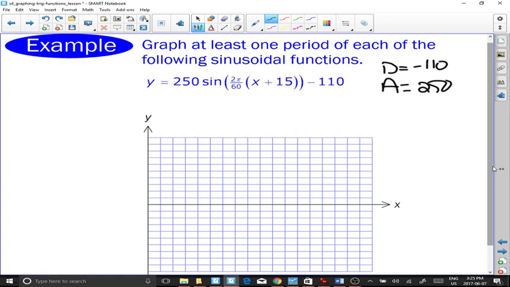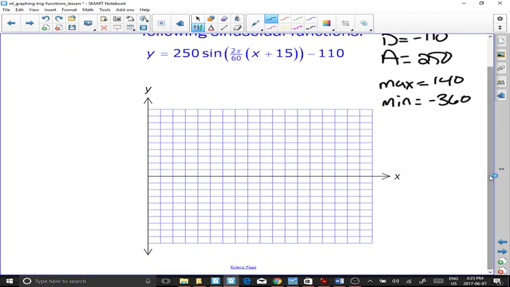So the maximum value is going to be 140. The minimum is going to be negative 360. That's our max, that's our min. So we should build our vertical axis to reflect those values. I'd say as long as we hit 400, we're laughing.